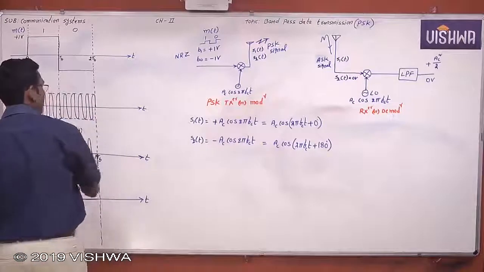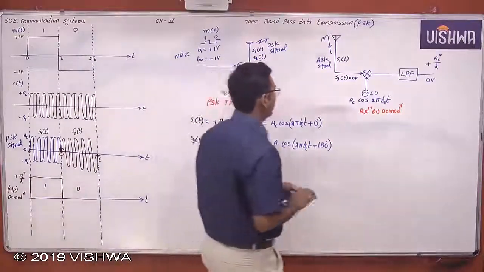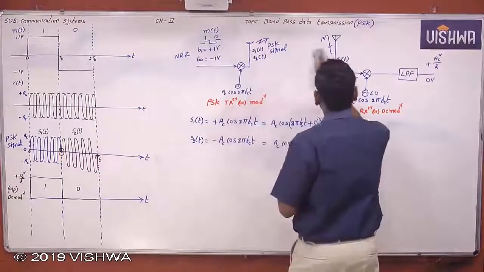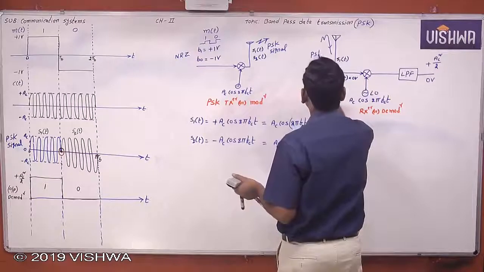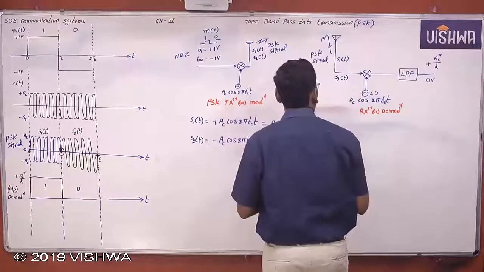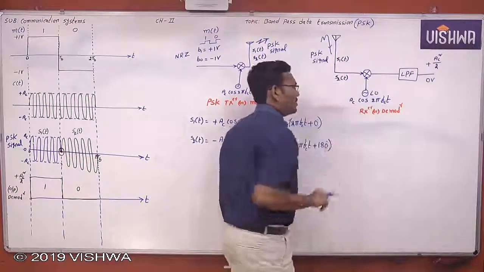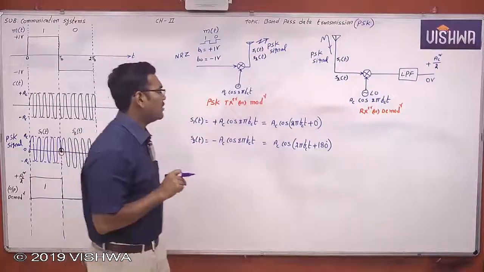This is a PSK signal and this is a PSK modulator or PSK transmitter. And you know what a demodulator is. This is the PSK signal input to the receiver, S1 of t and S2 of t. Now I am using a local oscillator that generates the same frequency and same phase of the carrier.